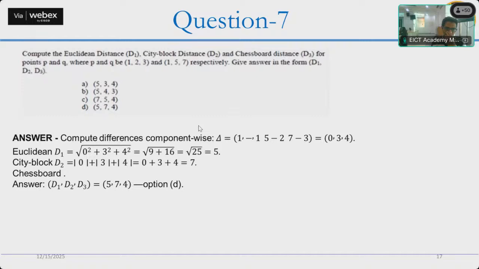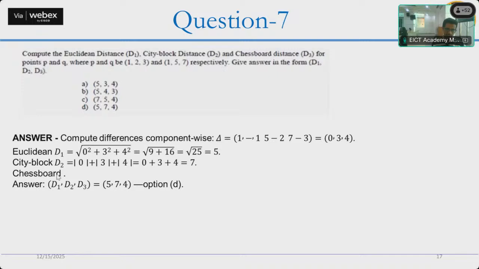So how do the different distances work? When we compute the Euclidean distance, it is 1 minus 1, 0. It is 2 minus 5, 3. It is 3 minus 7, 4. Squares: 9 plus 16 is 25, so it is 5. What about the city block? In city block, you take the mod of each difference: mod of 0 plus mod of 3 plus mod of 4, 3 plus 4 equals 7.